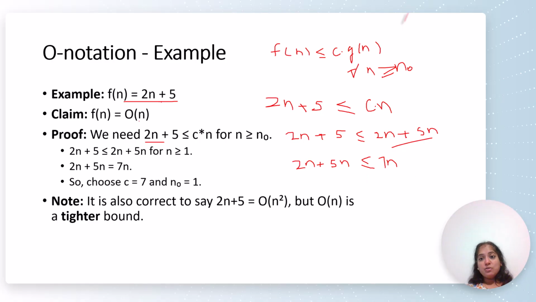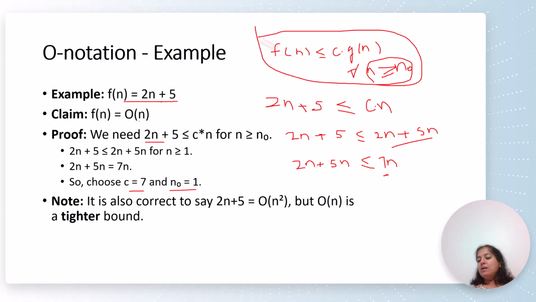So for n naught as 1 and c as 7, this definition is satisfied. So we say it is correct that n is an upper bound for 2n plus 5. Now check it out and tell me whether it is also correct to say that n square is also an upper bound, right?